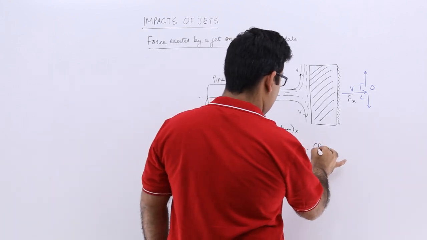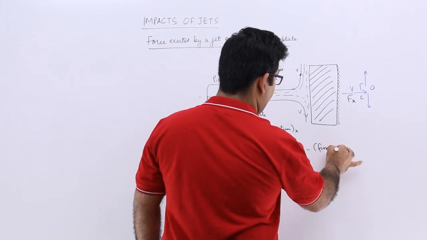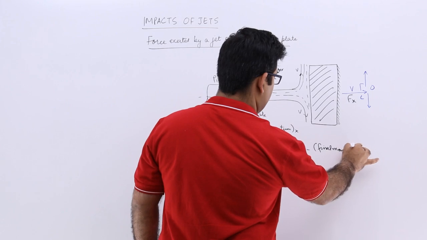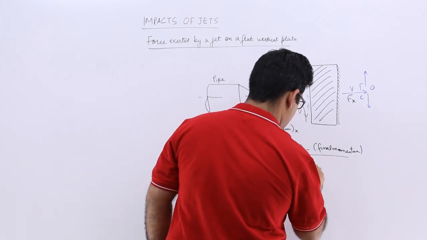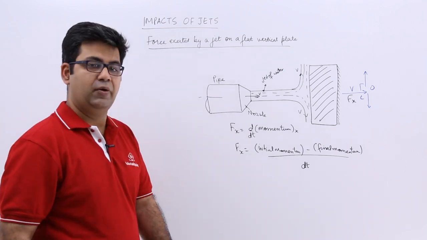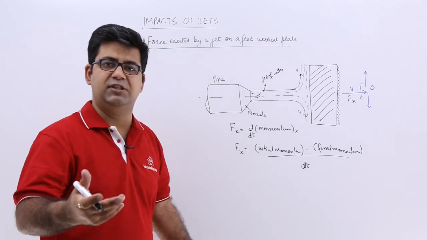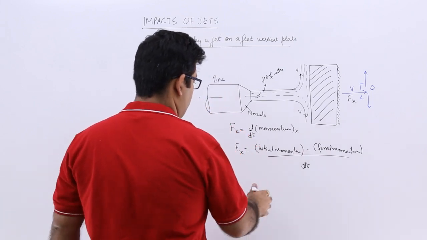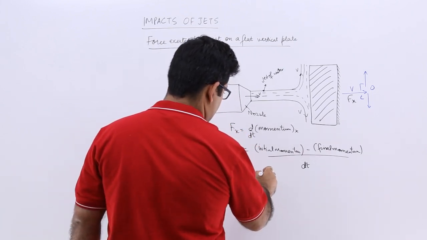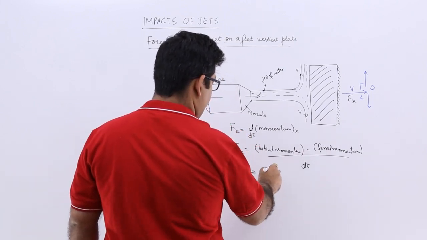minus the final momentum divided by dt. Now what is the initial momentum? It is the mass flow rate into the velocity. So I'll just write down mass flow rate.